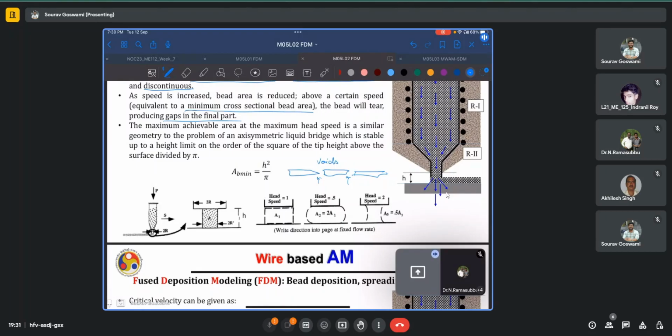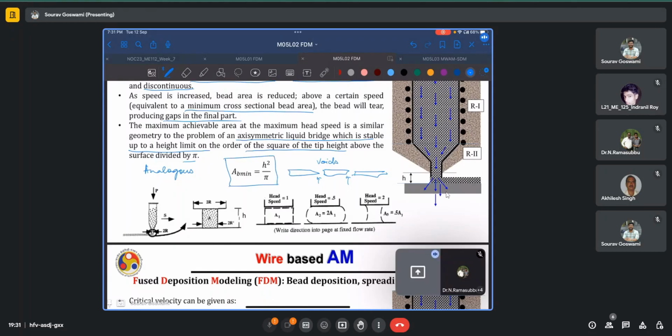So we have taken inspiration from a fluid mechanics problem where the problem can be said to be analogous, not exactly the same, but analogous to an axisymmetric liquid bridge, which is stable up to a height limit. That height limit is of the order of the square of the tip height above the surface divided by pi. So this one right here.